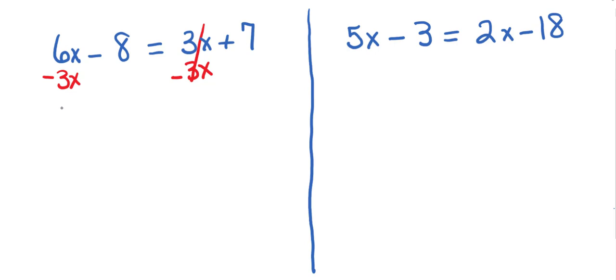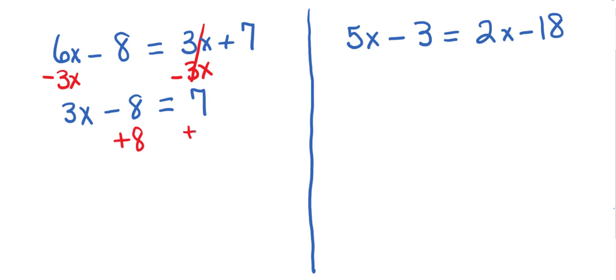This will give us 3x minus 8 equals, come straight down, 7. And now it's right back to a two-step equation. Go on the side with the x. Anything added or subtracted should come off. So the 8 should come off. It's subtracted.